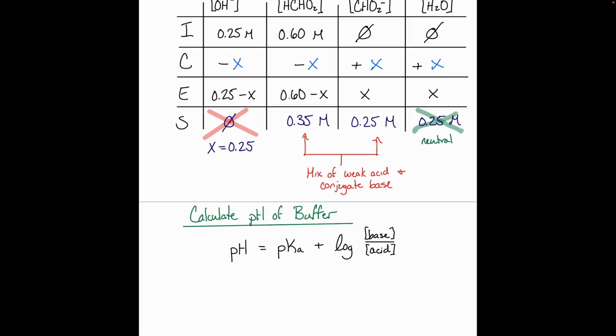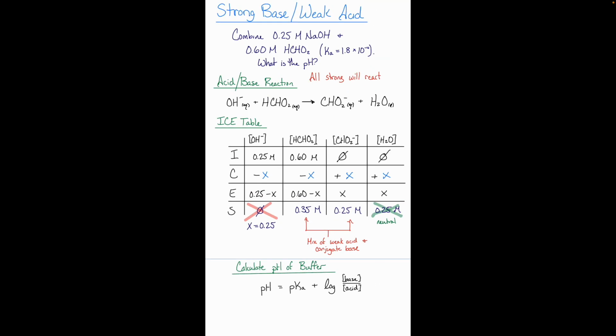All right, so everybody's going to take a second. Given we looked up our Ka before, 1.8 times 10 to the negative 4, take a minute and calculate the pH of this solution.